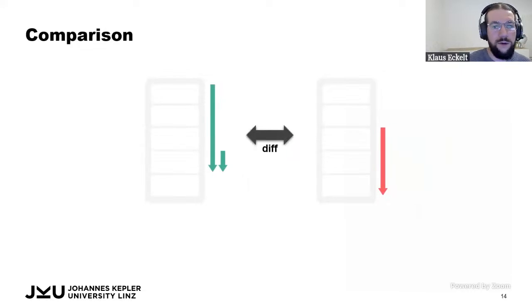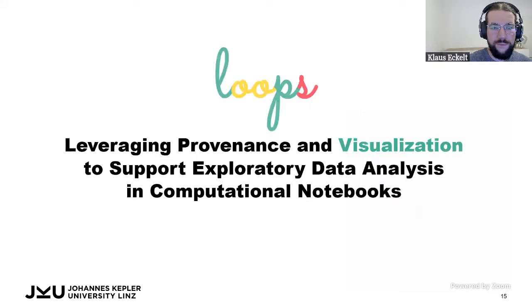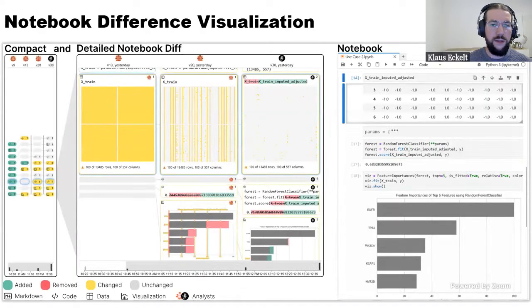So let's see how these differences actually look. Each notebook version can be shown with a compact or a detailed notebook diff. Both visualizations show the contributor of each version at the top, and a bar chart at the bottom that shows the temporal distribution of the notebook versions and the extent of their changes.